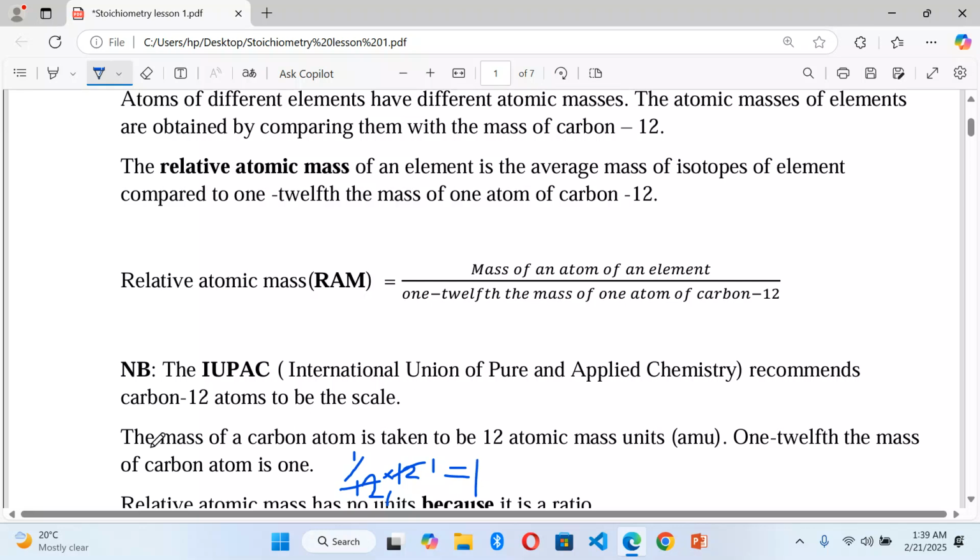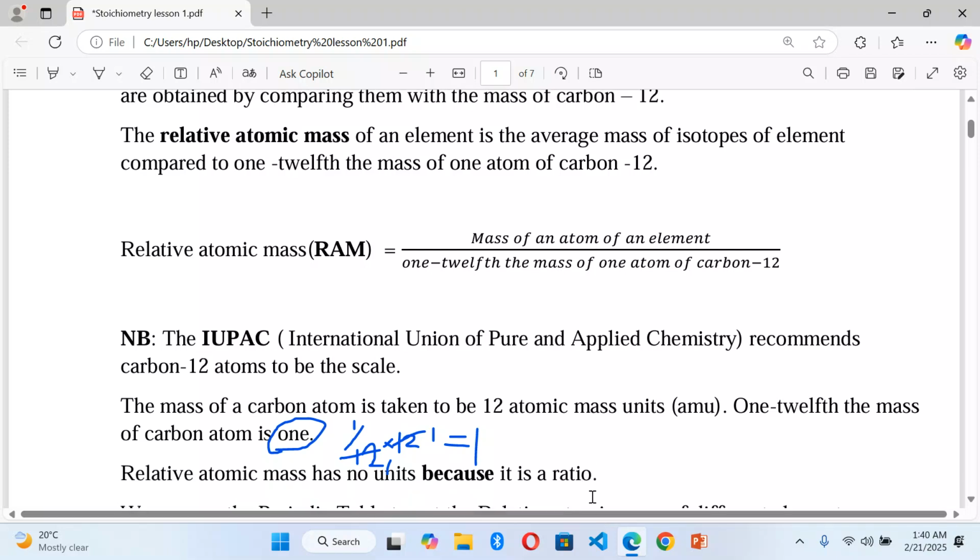That's why we're saying the mass of carbon 12 is taken to be 12 atomic mass units. When we talk about 1/12 the mass of a carbon atom, it is 1. So that is the mass of carbon 12.